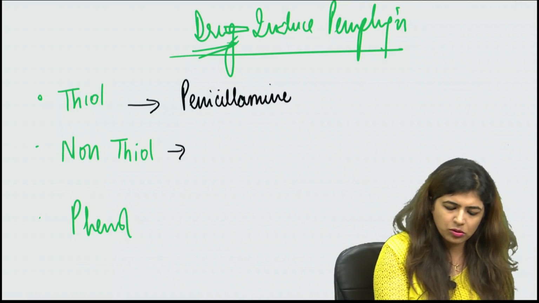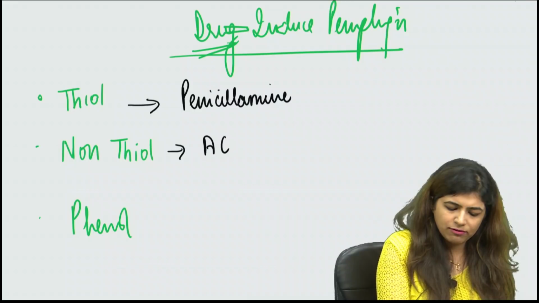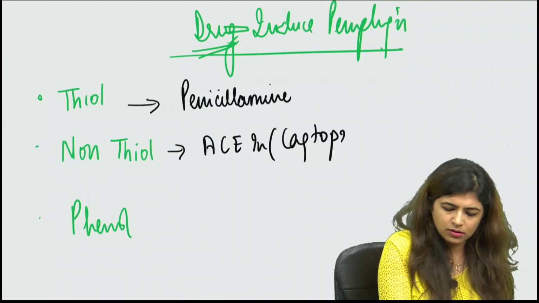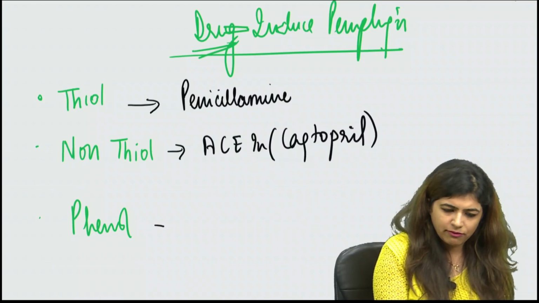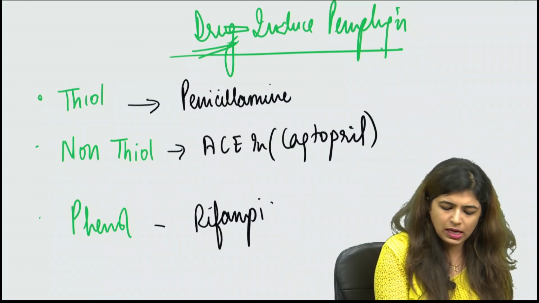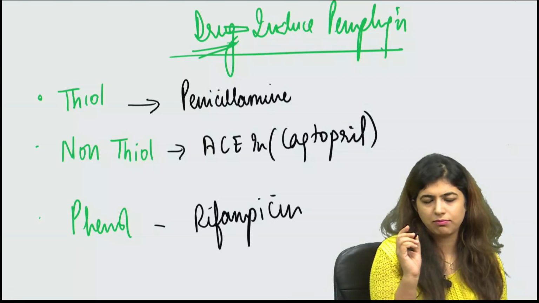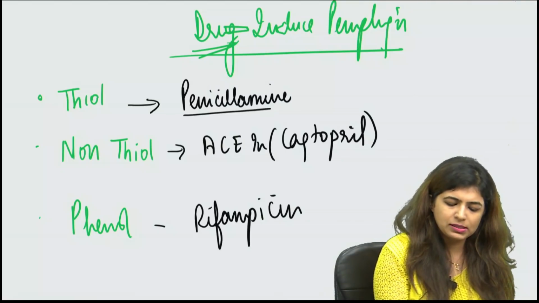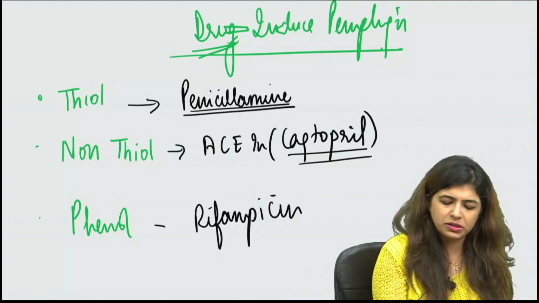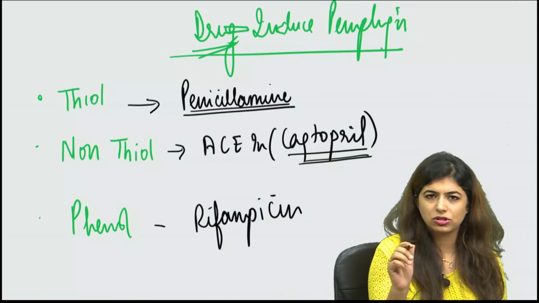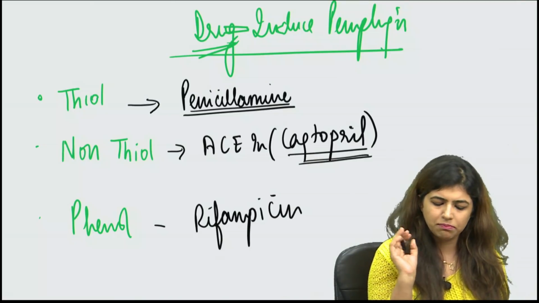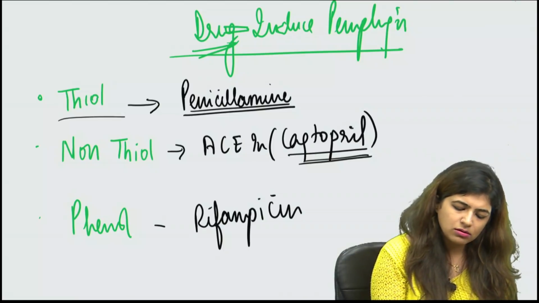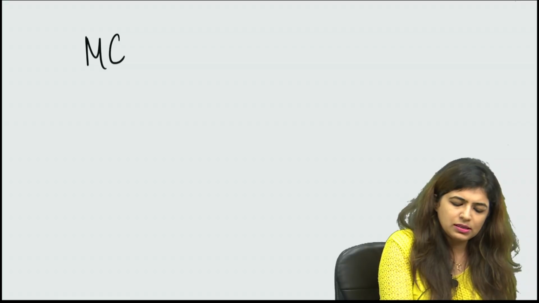In the non-thiol, you have the ACE inhibitor, captopril, while in the phenol group it is rifampicin. I am only listing the drugs which are most important. Okay, so penicillamine and captopril are the most common drugs which are implicated in causation of drug-induced pemphigus.